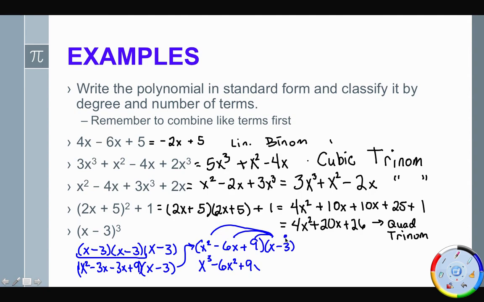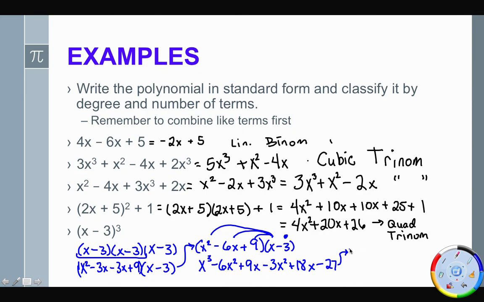And then I need to do the same thing with the minus 3. So minus 3 times x squared is a minus 3x squared. Minus 3 times minus 6x means a plus 18x. And minus 3 times 9 is a minus 27. And then I'm going to combine my like terms so I can put it in standard form.